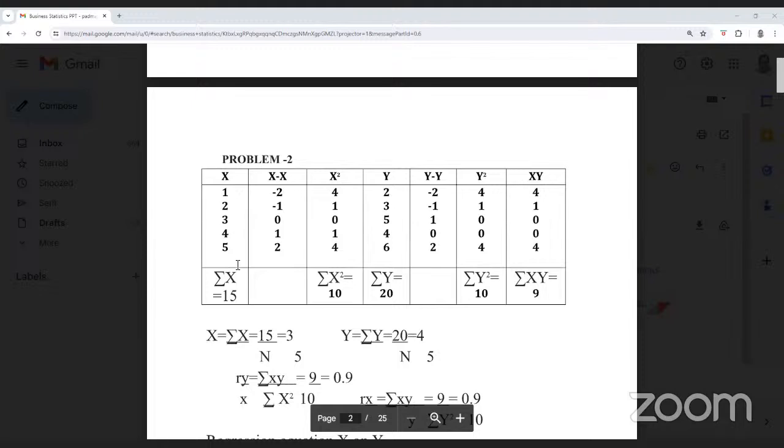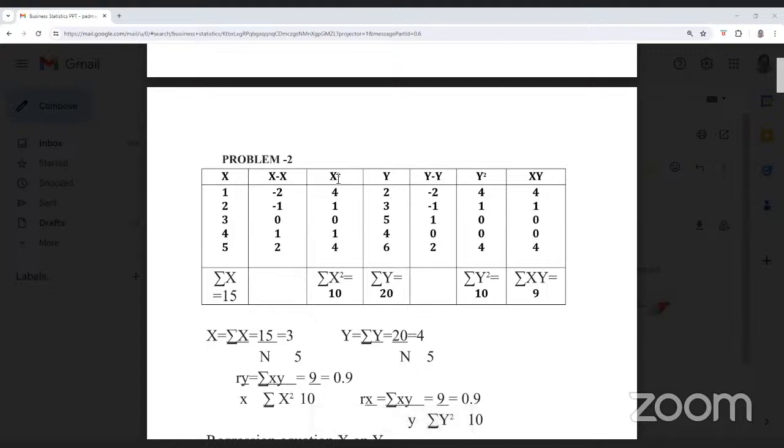Here we have x, sigma x is 15, and the number of observations is 5. 15 divided by 5 is 3. Okay? So first you have to complete the x mean value. Here it is 3. x minus x mean: 1 minus 3 is minus 2. 2 minus 3 is minus 1. 3 minus 3 is 0. 4 minus 3 is 1. 5 minus 3 is 2.